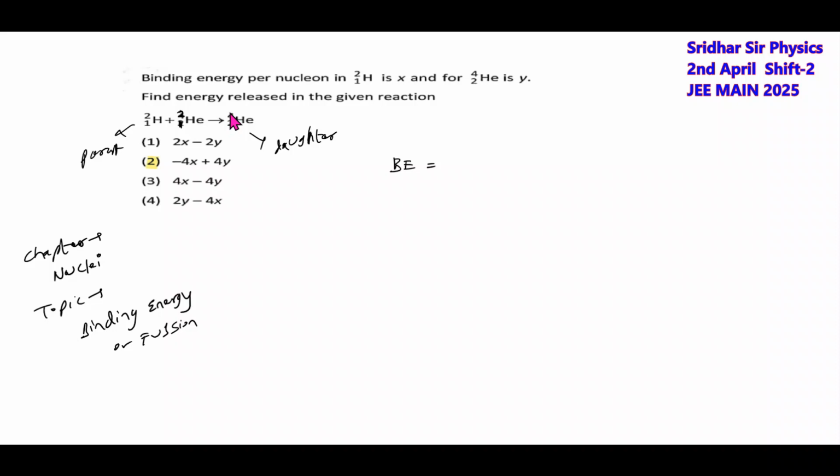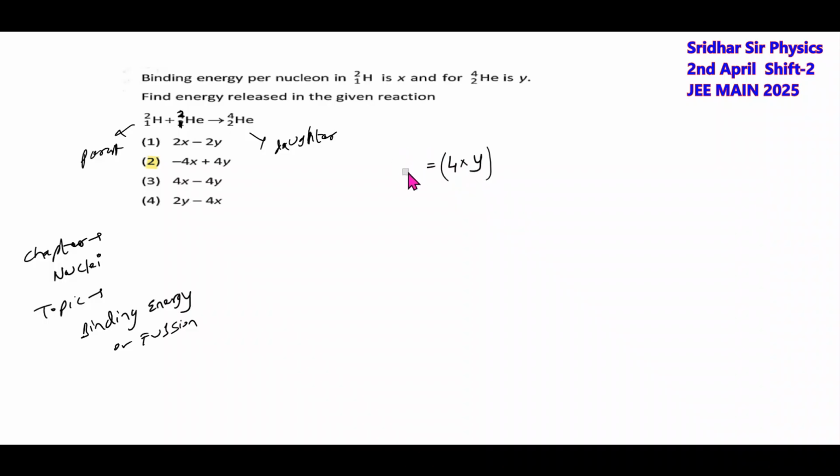The binding energy per nucleon of the daughter is Y, and there are 4 nucleons, so 4 nucleons into the binding energy per nucleon will be the binding energy of the daughter.